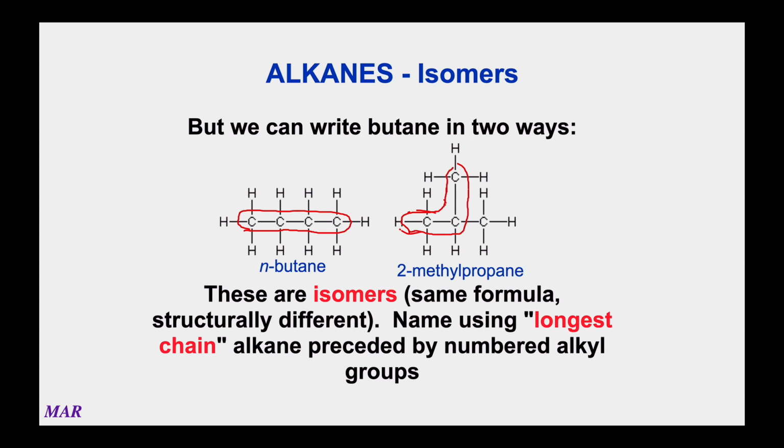And this is going to be an important trait for you to do. And finally, you could also circle the 3 carbons right there. That would be another propane. The methyl group is off the middle, or the second one, second methyl. So that would also be 2-methyl propane.